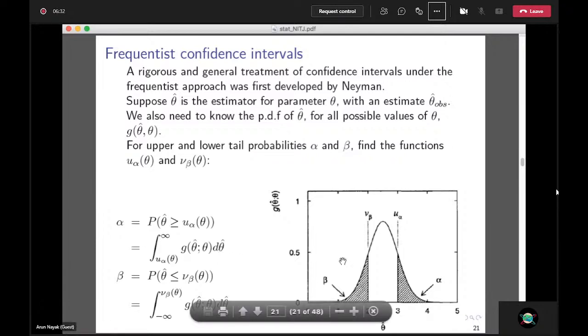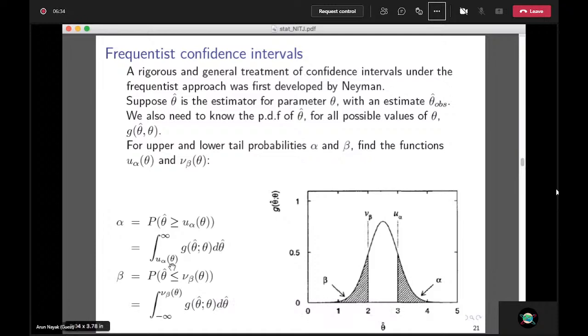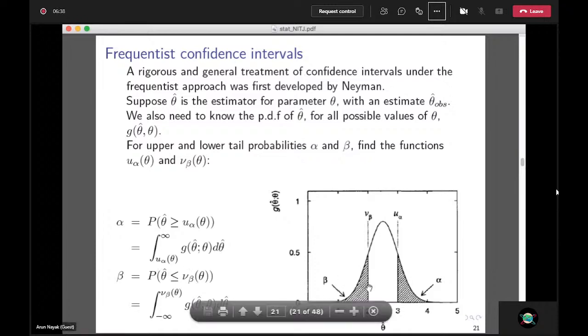Similarly, the probability beta is the probability of obtaining theta hat less than v beta, which you can write as integrating from minus infinity to v beta. Now we want to know, given these probabilities alpha and beta, how we can find u and v.